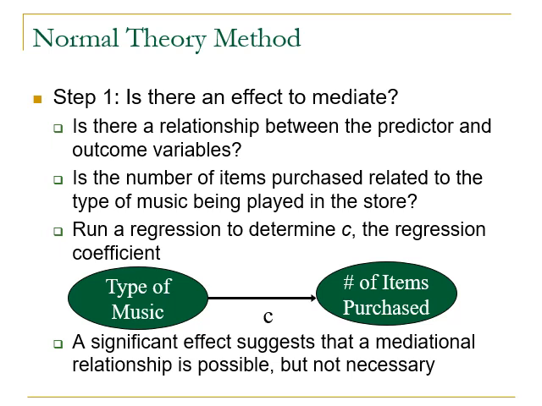It's very rare, it doesn't happen a lot, but because the first step of normal theory method is looking for C, and later, when we determine whether there's a full mediation or a partial mediation, we're going to compare the final C prime to the original C, there are situations where this method could miss a full mediation. Again, not very common, but it could occur, and it's one of the reasons why a lot of people have moved on to different ways to look for mediation.